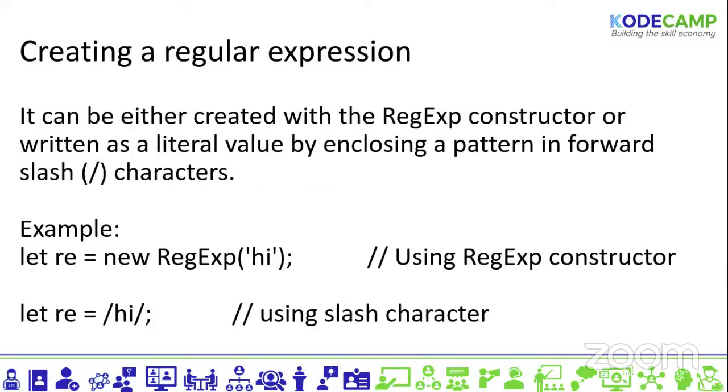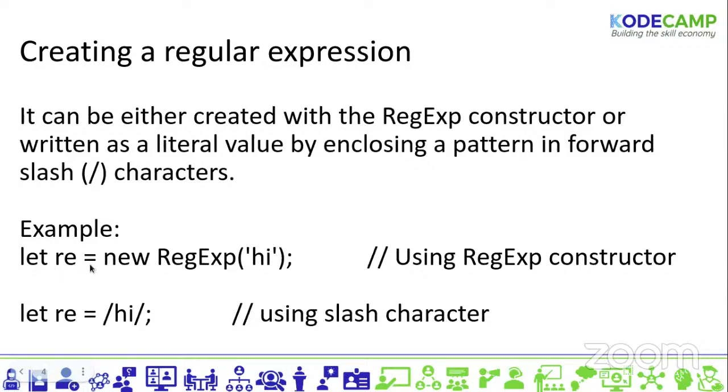Then let's look at creating a regular expression. So there are two ways you can actually create a regular expression. It can be created with the regexp constructor, or written as a literal value by enclosing a pattern in / characters. So if you want to use the regular expression constructor to create a new regular expression, you write it like this. You say let RA, or whatever I want to name this, because this is a variable name.